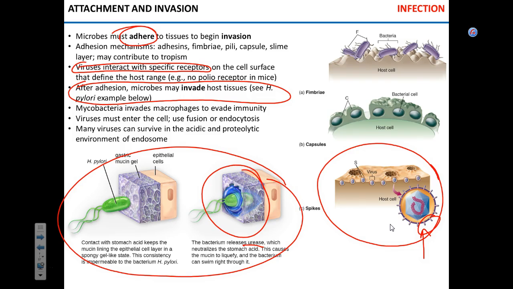Viruses use different strategies since they are obligate intracellular parasites. They do nothing outside of the cell. So viruses use endocytosis of different sorts to get into the cell. Does that make sense?